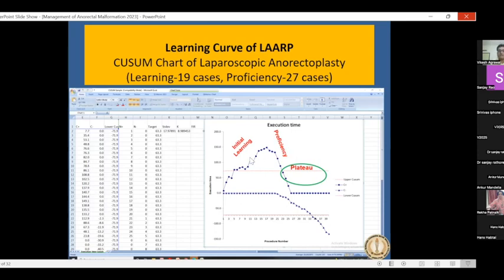This Q-sum chart is a typical mathematical chart where this point is where learning has reached, and when there is a plateau, this is the point where proficiency has been reached. So this is a very objective way of calculating how easy or difficult a particular procedure is, and you can compare your learning with the learning of various other people by using various modes of learning curve. Sometime I will speak on that also.